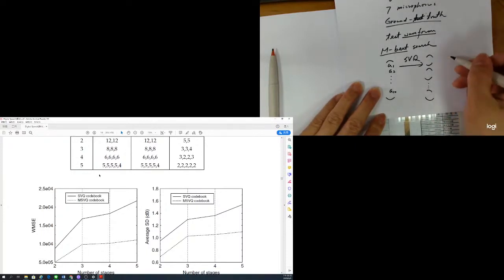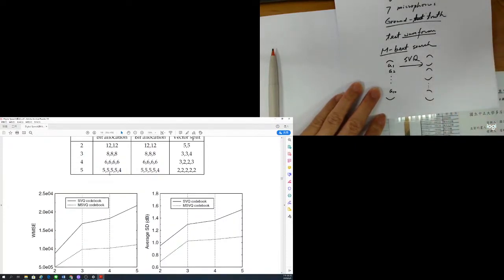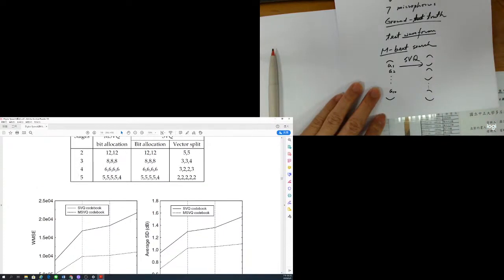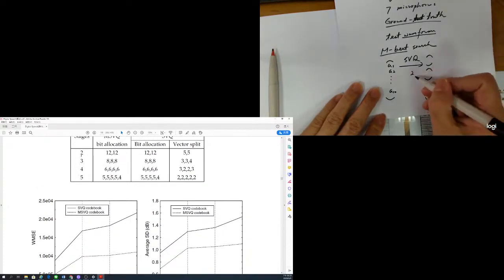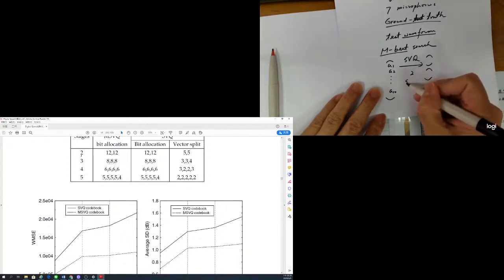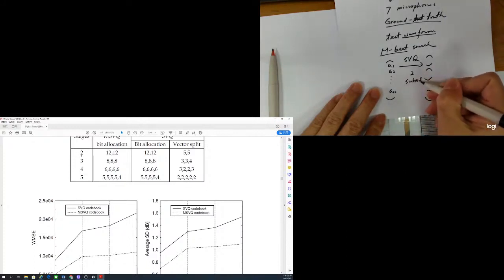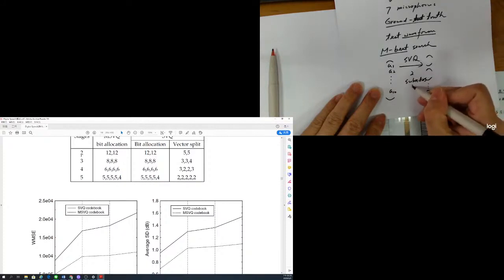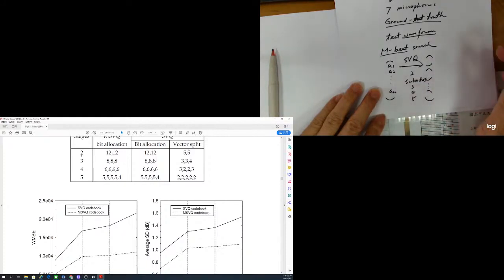So this one is 1, 2, 3, 4. Row 2 is a partition into 2 subvectors, and row 3 is a partition into 3 subvectors, depending on the partition.